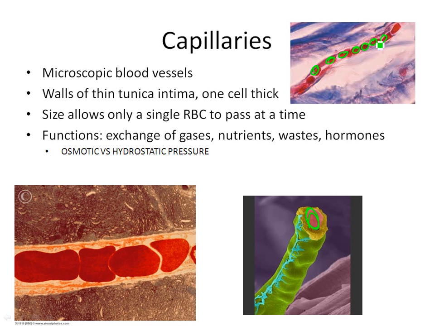Now this is important that these walls are very thin because they allow for things to be exchanged across the membranes. So we talked briefly when we first started about oxygen and carbon dioxide. So the exchange of gases across the capillary walls.